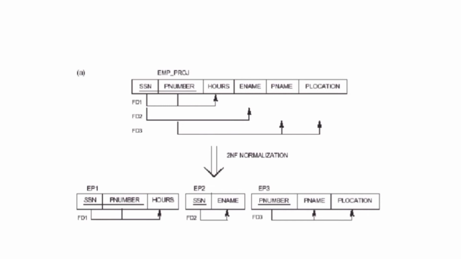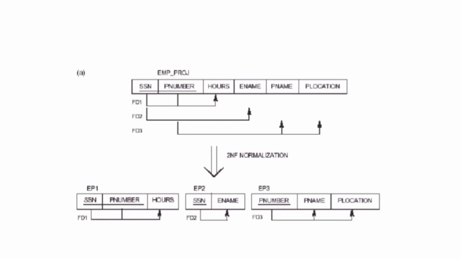My prime attributes are SSN and project number. My non-prime attributes are hours, e-name, p-name and project location. This is a table that stores the information about the employee project.